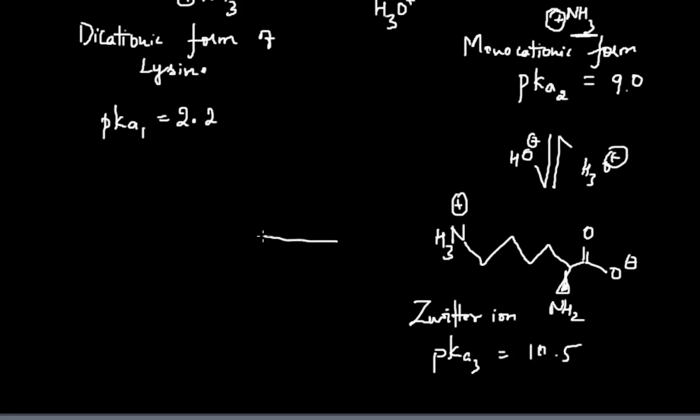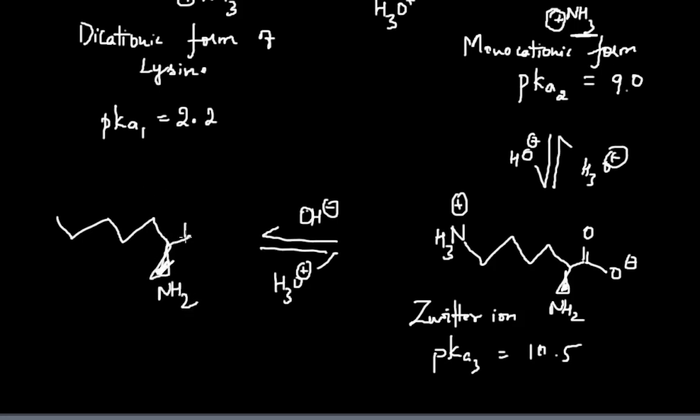Now when further base is added, this next proton is removed, and this is your anionic form because there is a net charge of -1 here.